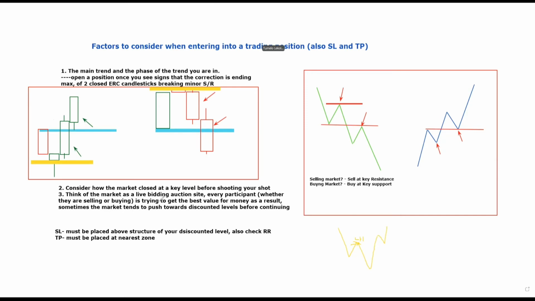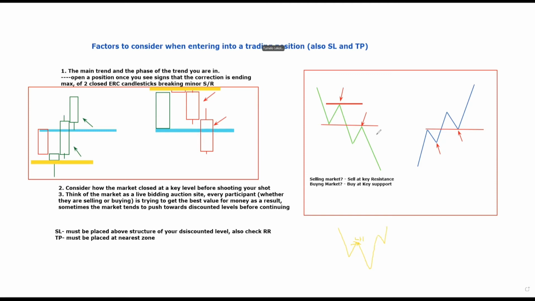And the third point you need to consider is your discounted levels. Generally speaking, when you get a pullback, the best key level to place your entry is at your latest lower high.